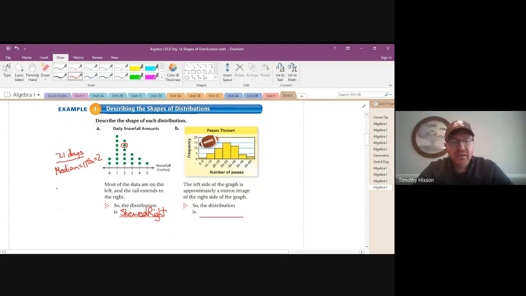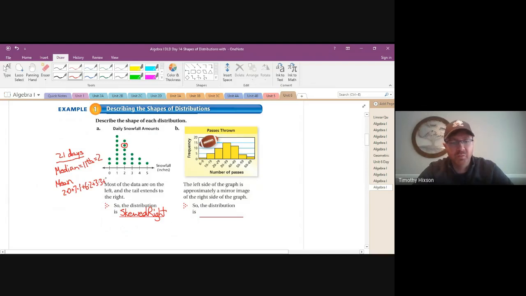Our mean, however, I need to add up all the values. So let's find the mean here. We have 2 zeros, 2 times 0. We have 1, 2, 3, 4, 5, 6, 7 ones. So 7 ones. We have 6 twos, 6 times 2. Plus there are 3 threes.